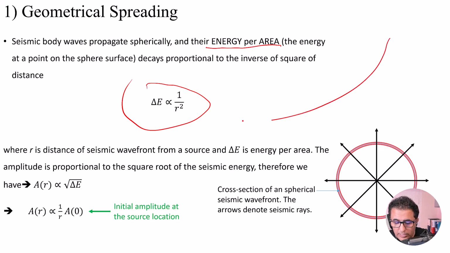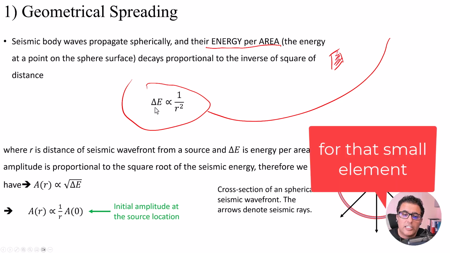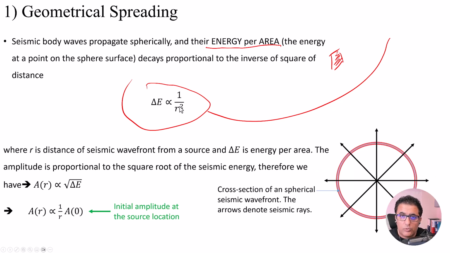In other words, if we assume one sphere here, and we consider a small element of the sphere, the energy per area for that small element is proportional to 1 over r squared. So once the seismic wave propagates through the earth, energy per area decreases.